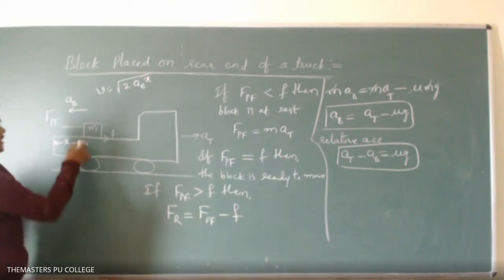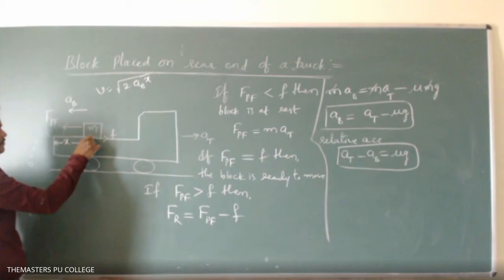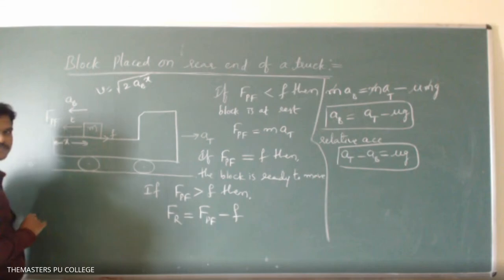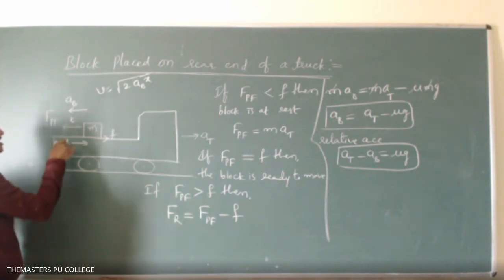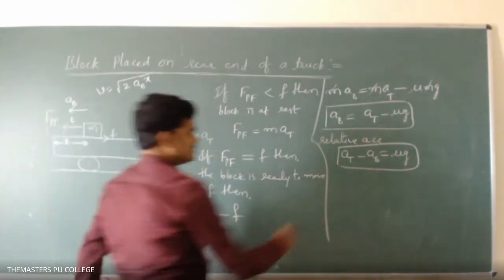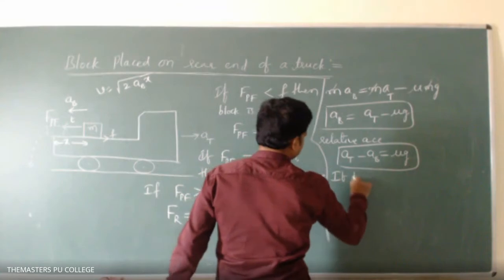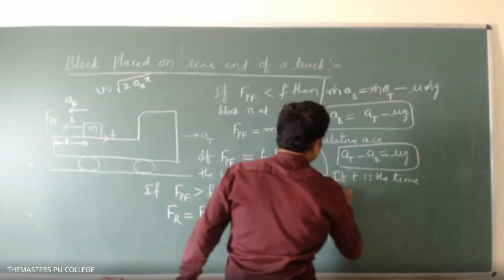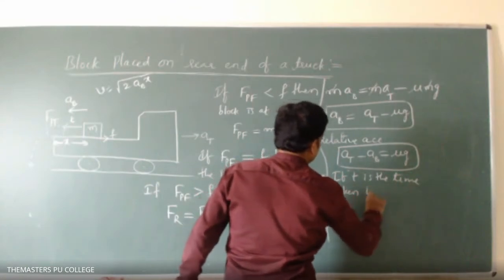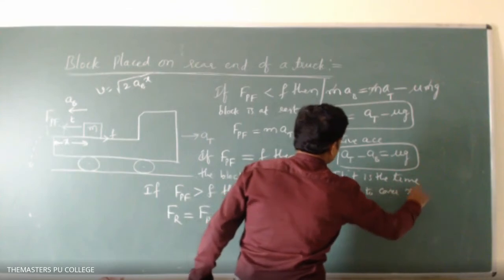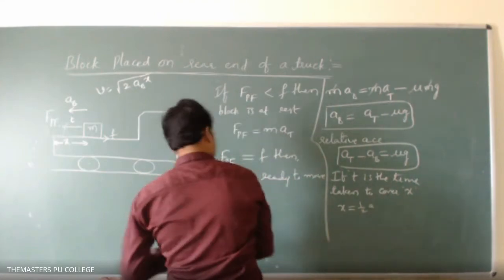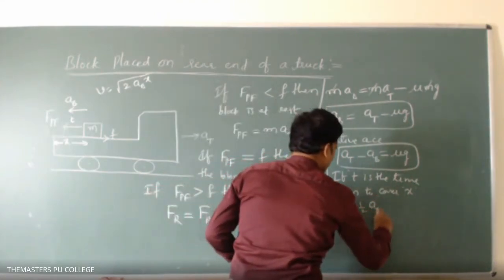And we can find the time taken from this place to this place also. If t is the time taken to cover a distance of x, then x is equal to half a t squared, where a is the acceleration of the block.